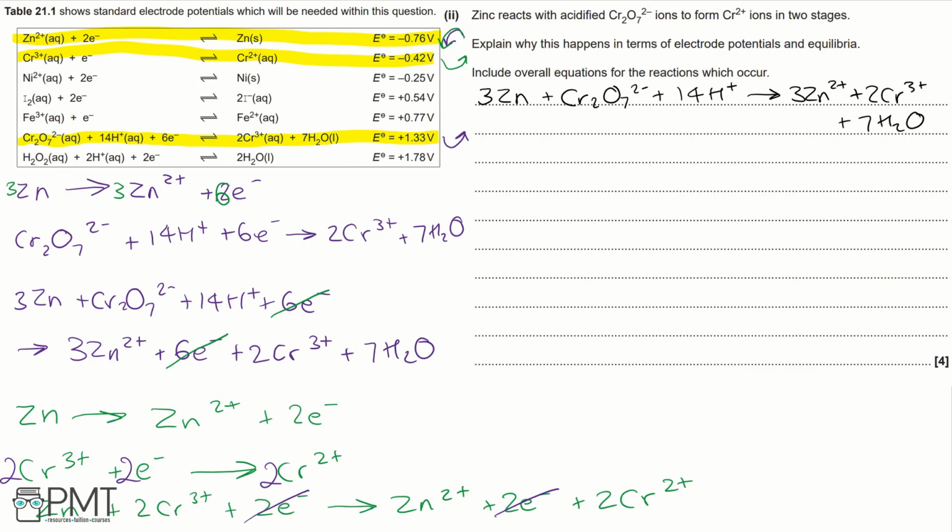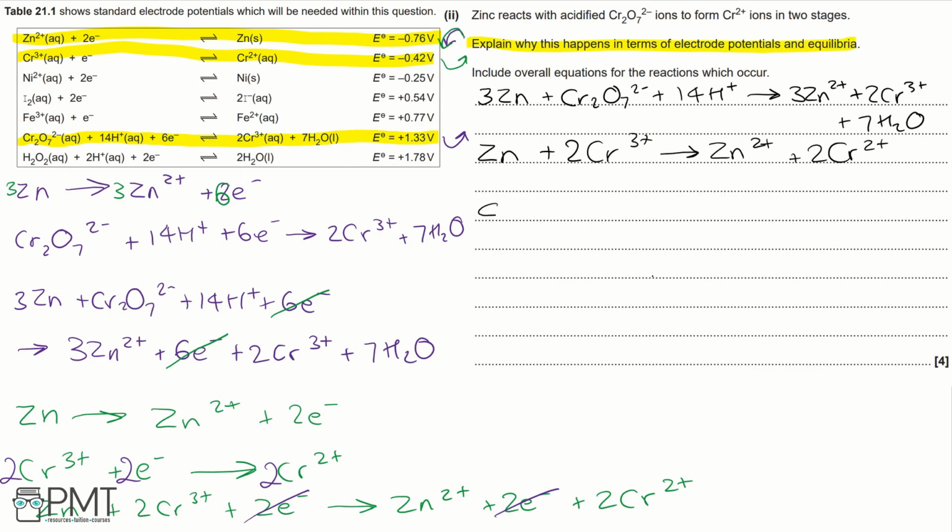That would then make our overall equation Zn plus 2Cr3+ goes to Zn2+ plus 2Cr2+. So we have completed both stages of this question, and zinc has reacted with acidified Cr2O7 2- to form Cr2+ ions. Then we need to explain why this happens in terms of electrode potentials and equilibria, which is what the question's next asking us to do.